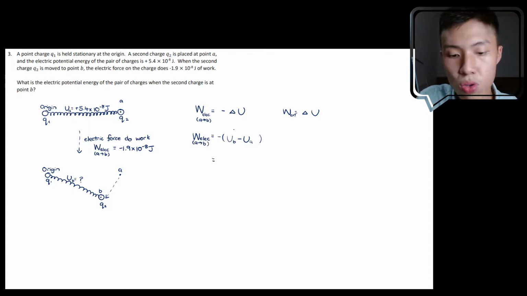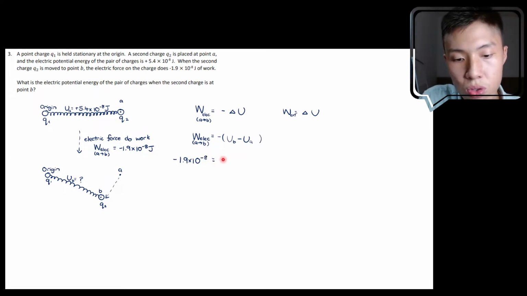Let's do our substitution. We know the work done by electric force to bring Q2 from A to B is negative 1.9 times 10 to the power of negative 8. UB is what you want to find, and UA is already given in the problem.